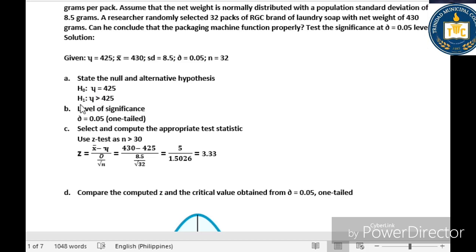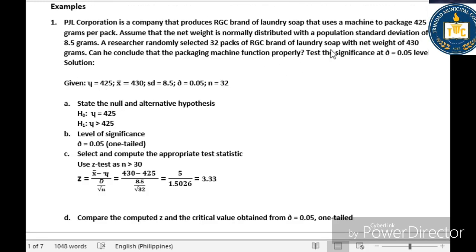Then we accept the alternative hypothesis, since we proved that the null is rejected, which is the mean is greater than 425. If you look at the problem, 430 is indeed greater: the sample mean is 430, and the population mean is 425. Okay? So here.